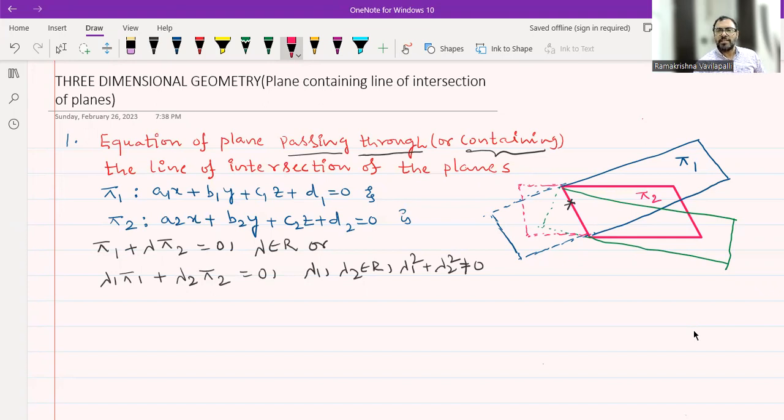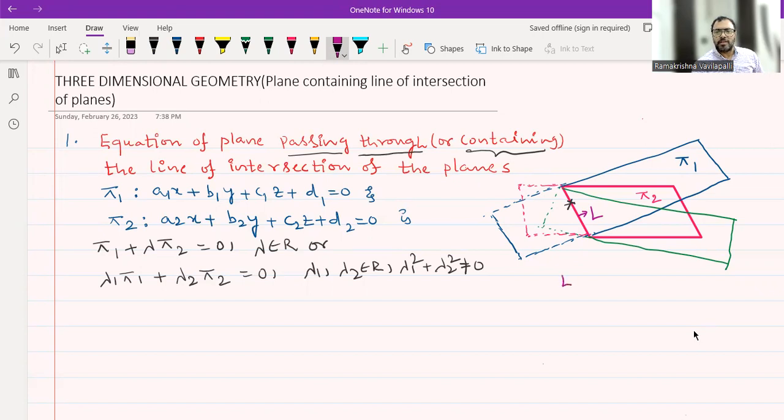Now these two planes meet along a line. You can think of two pages in a book, they meet along a line. So this is the line of intersection of two planes. L is the line of intersection of two planes.